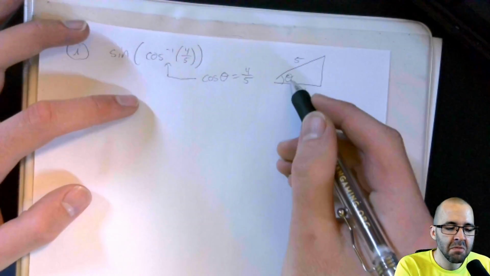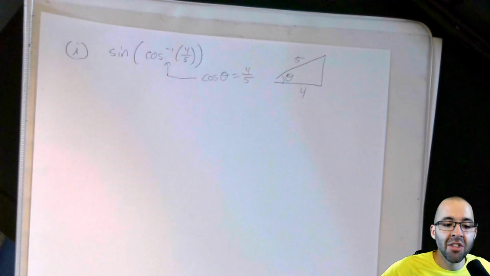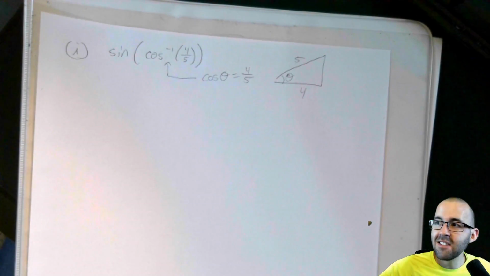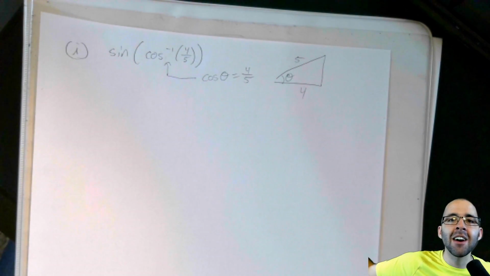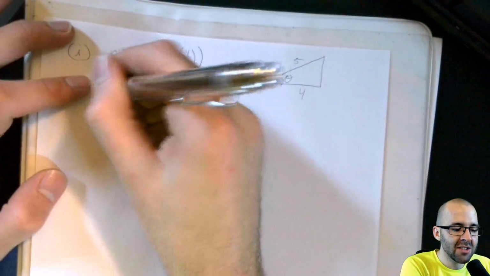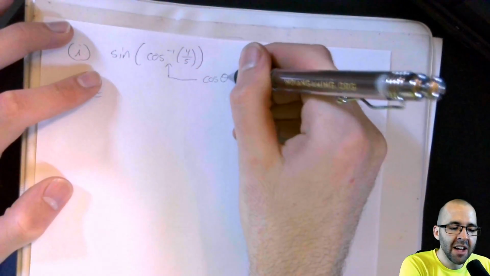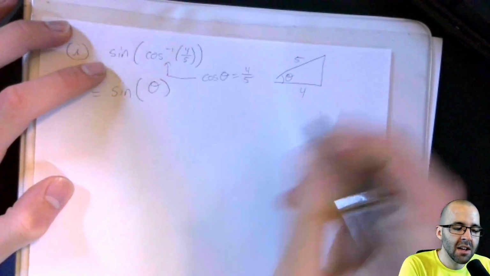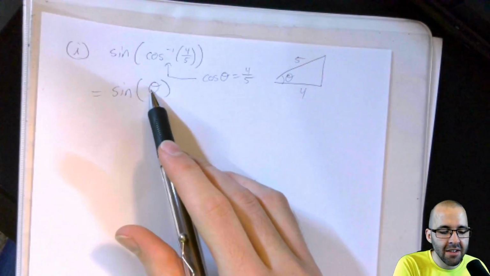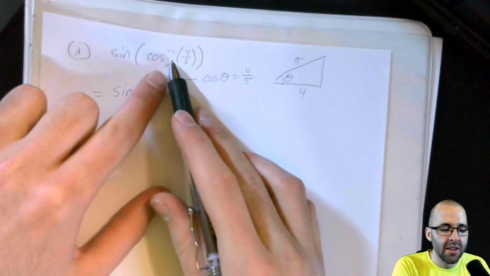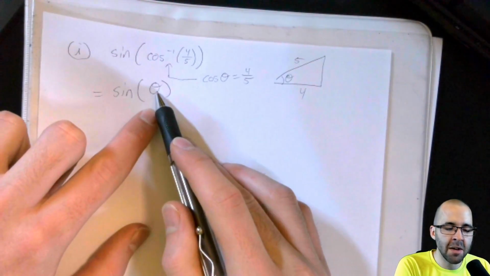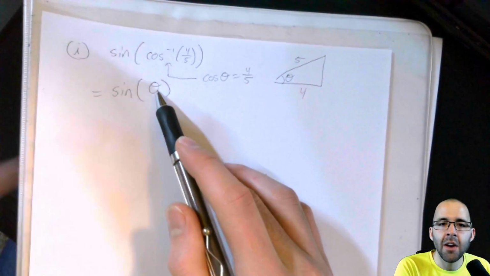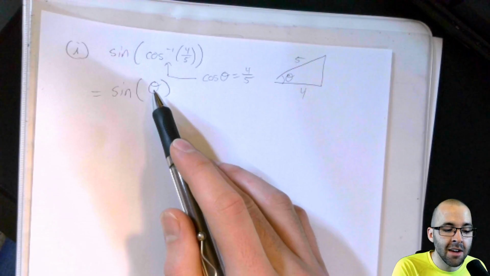And let's just say, who needs to find theta? Forget about theta. I don't care about theta. Watch this. We need to find an angle that makes this true. Let's just say we found it. This inverse cosine is just going to be some angle. And who knows what angle that is?